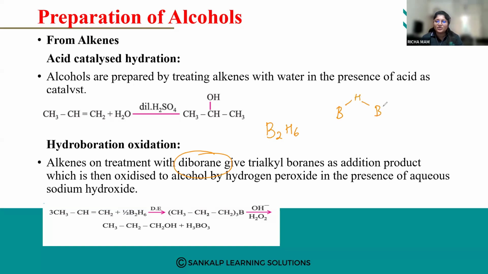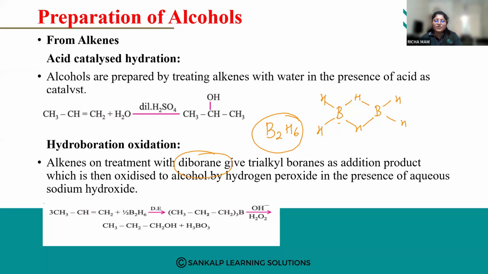So this is the structure of diborane. B2H6, 1, 2, 3, 4, 5, 6, and 2 borons. So we are treating the alkenes with diborane, and subsequently you are going to do oxidation.